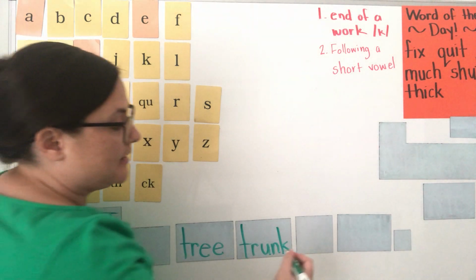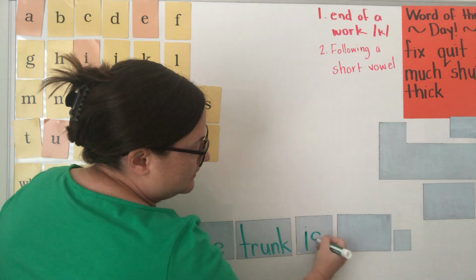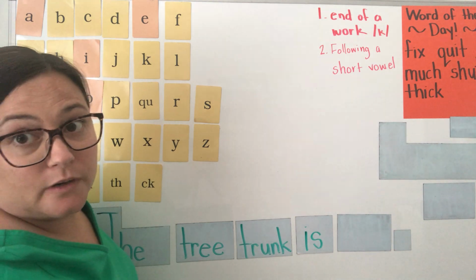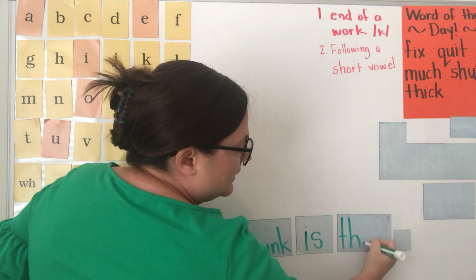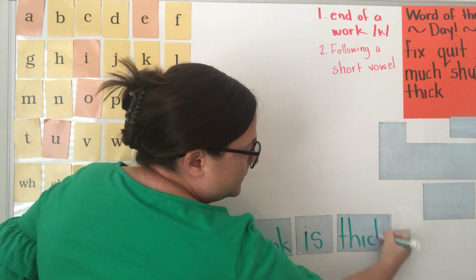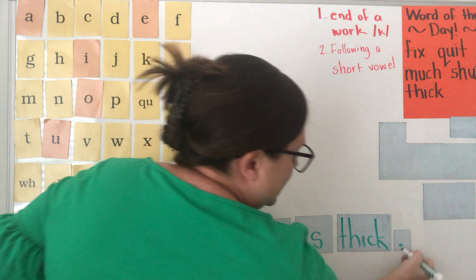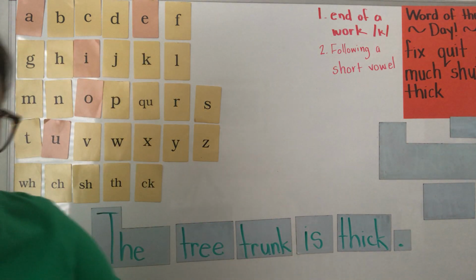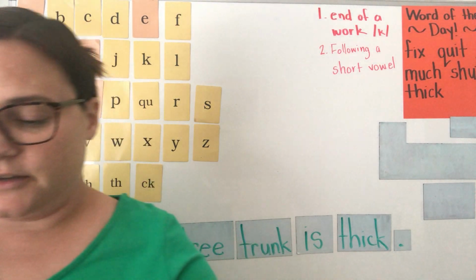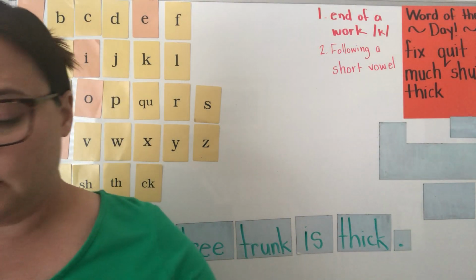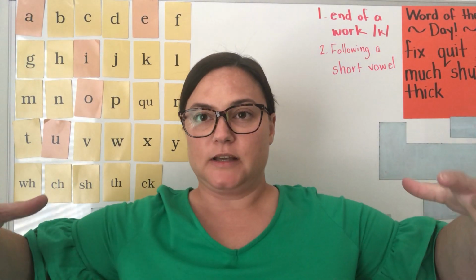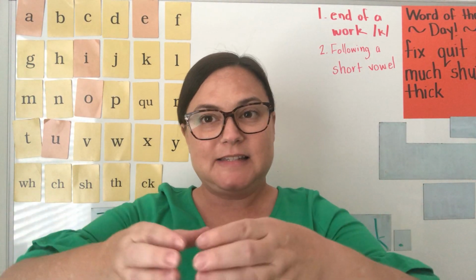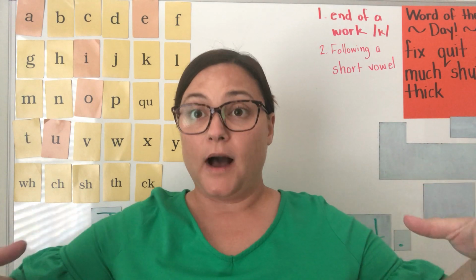The tree trunk is, that's a trick word, you should know that. And then thick, okay? So if my sentence says the tree trunk is thick, and I'm trying to understand what the word thick means, what it tells me is the tree trunk is wide. It's not a skinny tree, it's wide.